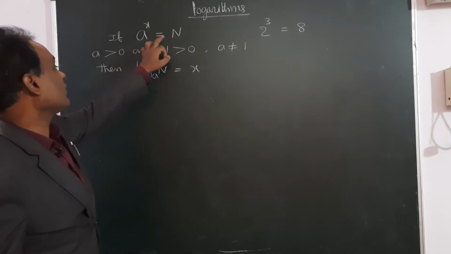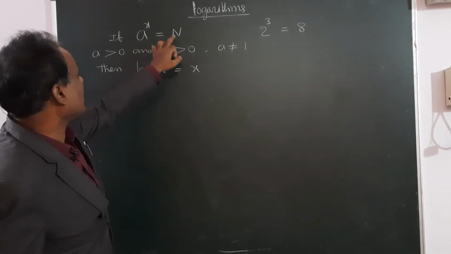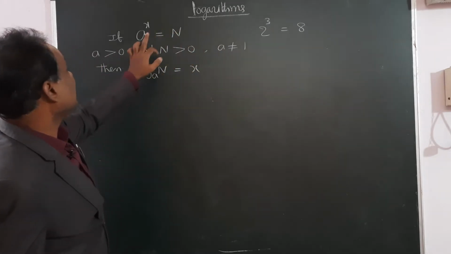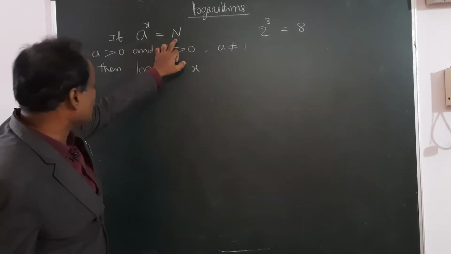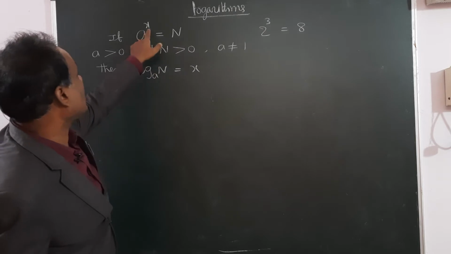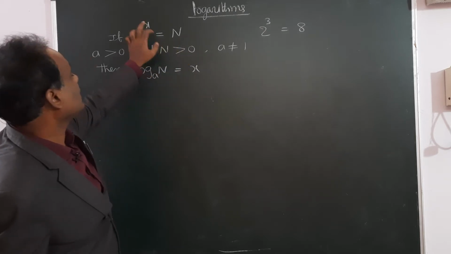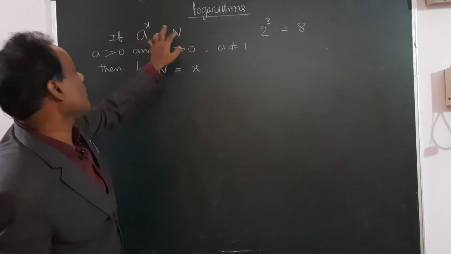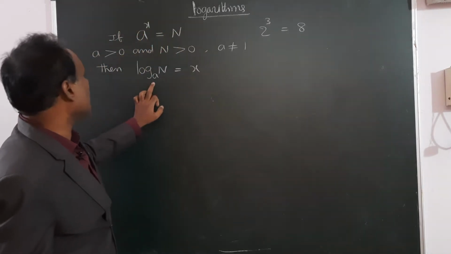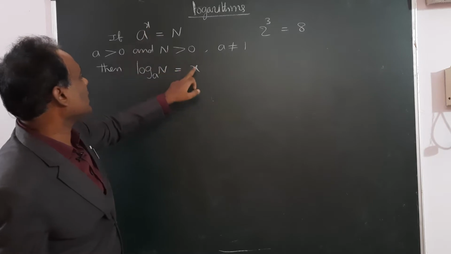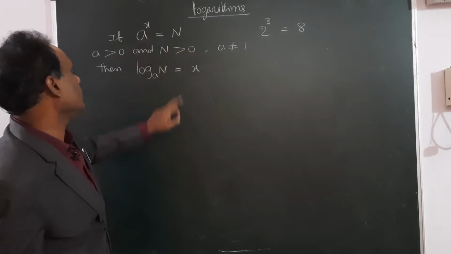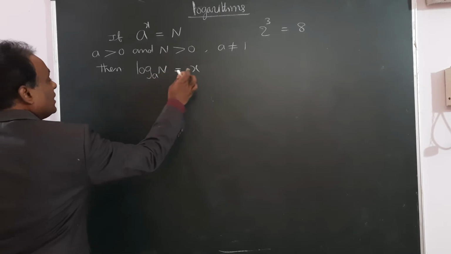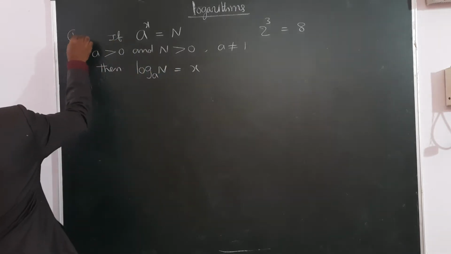If a power x is equal to n, where a is positive, n is positive, and a is not equal to 1, then log n to base a is equal to x. This exponent is the logarithm of n to base a. Base remains base only, and the power goes to the right side, so this becomes the value. So log n to base a is x.